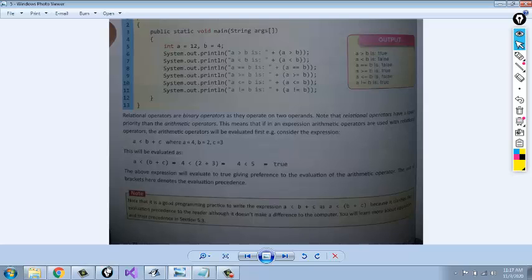Because we will check the priority of both operators, the priority of the less than symbol and the priority of the addition operator. Whichever operator has the highest priority, that operation will be performed first. Here B plus C will be calculated first, then that value will be compared with A. That's why we get 4 less than 5 equal to true.